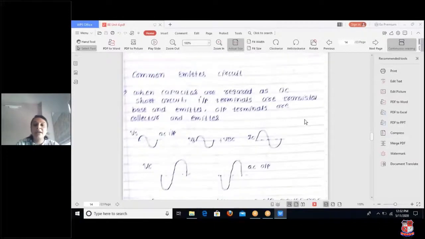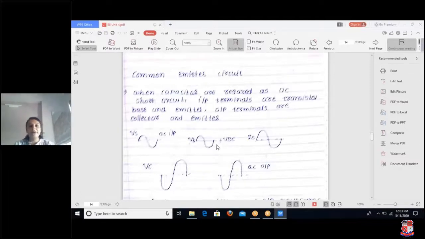Before we go to the examples, I will discuss the common emitter circuit. In the common emitter configuration, we give an input, which is your source input, and through the coupling capacitor at the base we get the same signal at the base voltage.